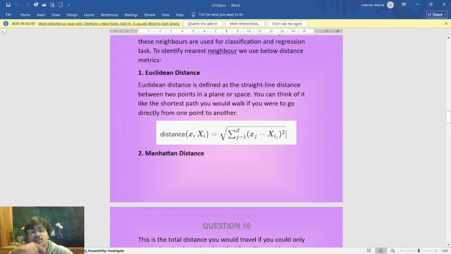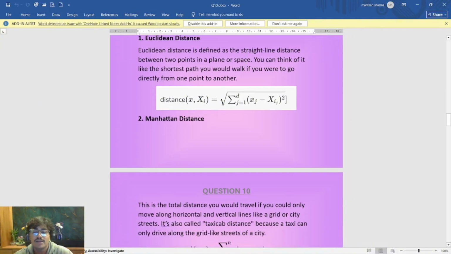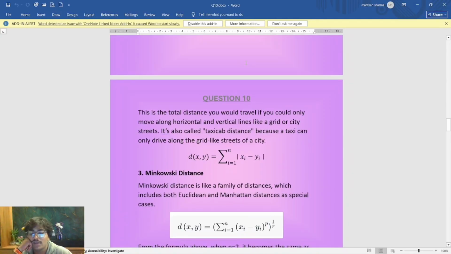The Euclidean formula, as we have already studied for many years, is the square root of the sum of (xi minus yi) squared. The Manhattan distance is measured along grid-like paths, like city blocks.